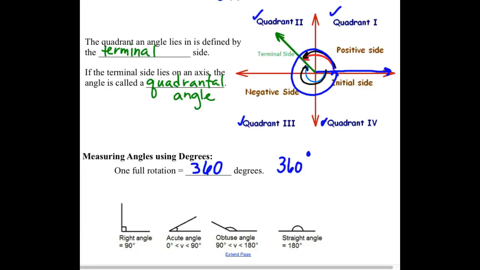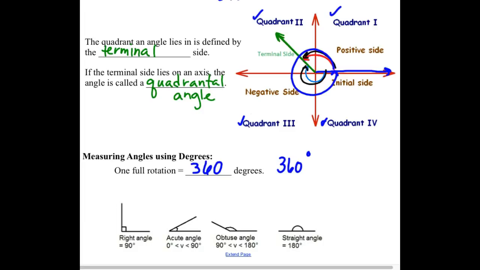It is critical when you're talking about angles that you define it: is this degrees or is this radians? There is no symbol for radians. So if you write 360 without the little degree sign by it, it means 360 radians, which is completely different than 360 degrees. Okay? So if you are meaning degrees, you have to have the degree symbol on there. Or write the word degrees next to it.